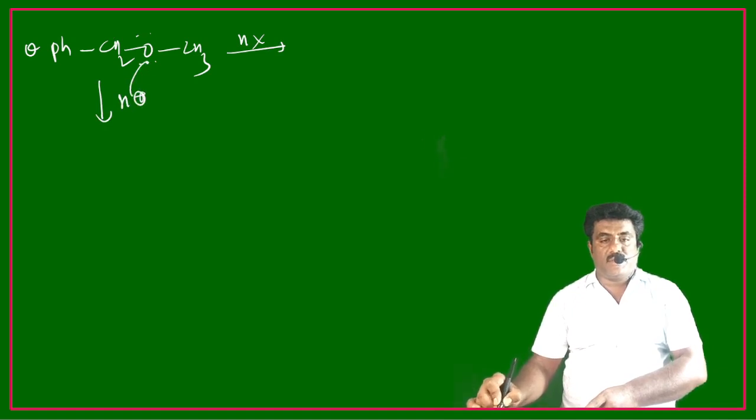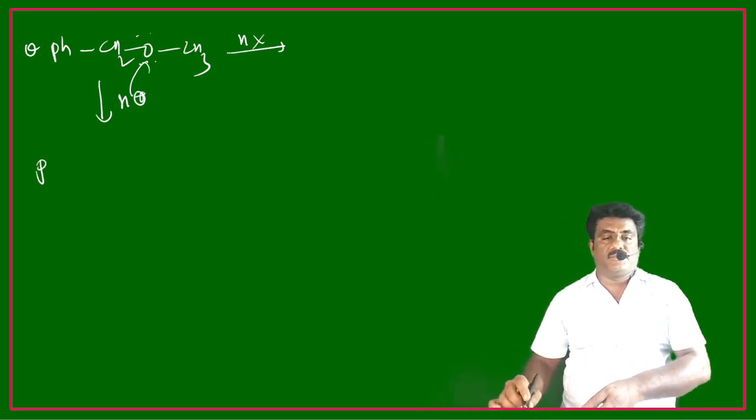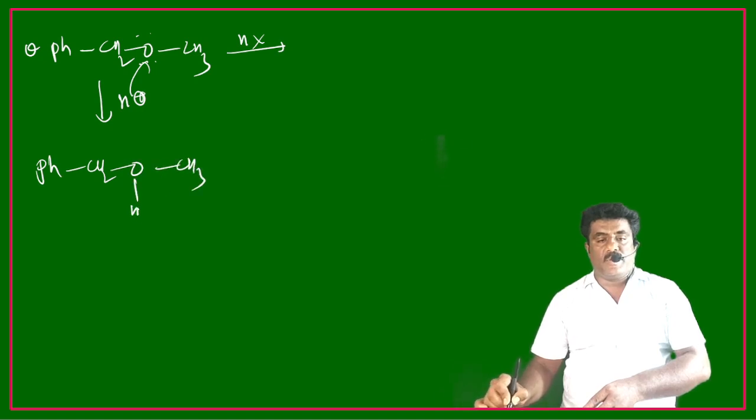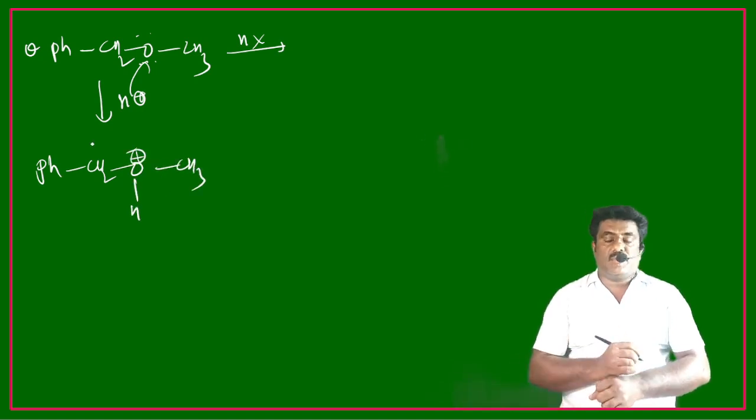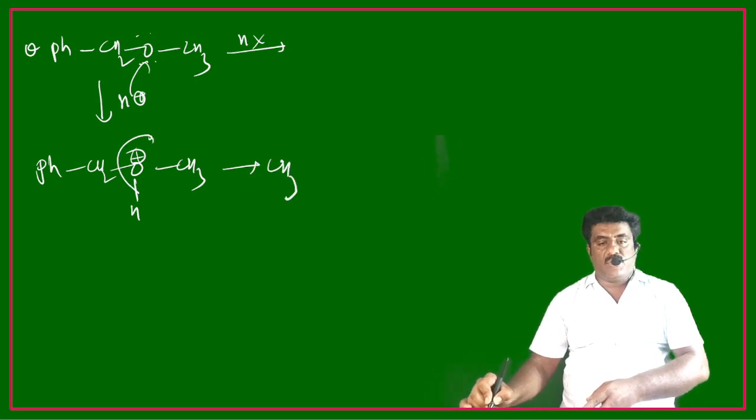H plus attacks the oxygen of PhCH2OCH3, and the oxygen gets a positive charge and is eliminated in the form of CH3OH.